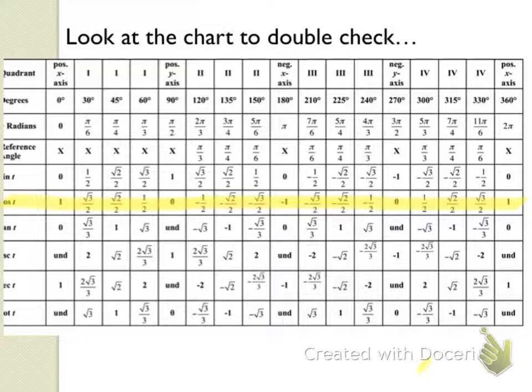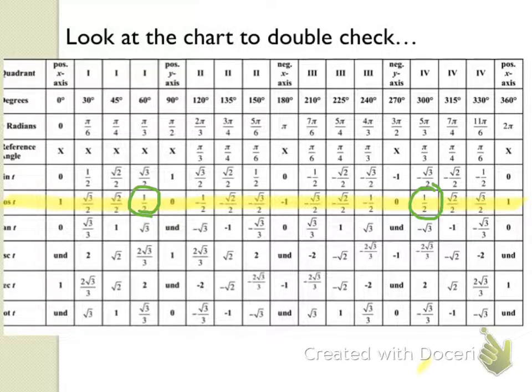And let's look for all of the times when we get a positive 1/2 as an answer. So we get one here. Is that the only place that we get 1/2? Hopefully you realize that it's not. We also get a positive 1/2 right there.